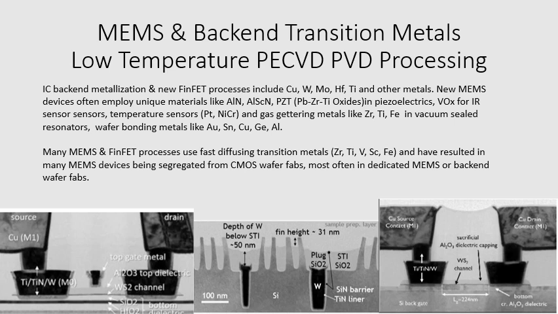Today, in advanced nodes, we've been using copper, tungsten pillars, moly, hafnium, a variety of different types of transition metals in the back-end fab for interconnects, metallization, and stack-ups. And as I mentioned, MEMS devices also use a variety of fast-diffusing transition metals.